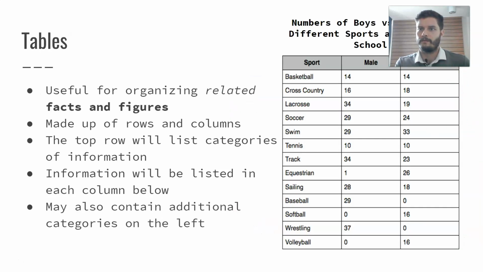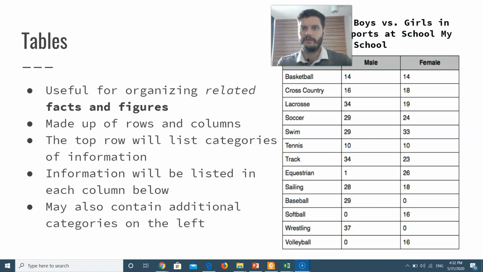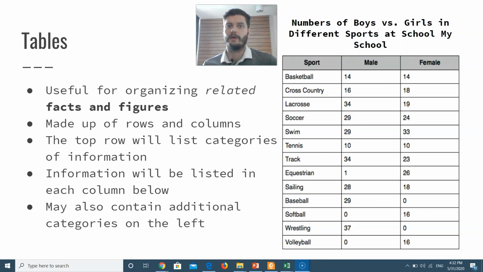Now, of course, we've all seen tables and read tables and created our own tables many times, possibly on a daily basis. So this is probably the most common method of organizing information that we will encounter throughout our lives.